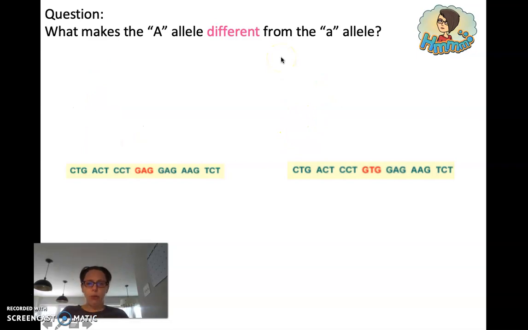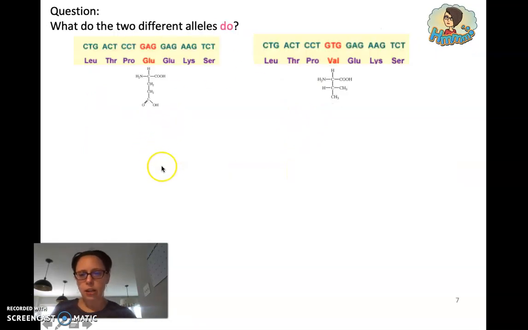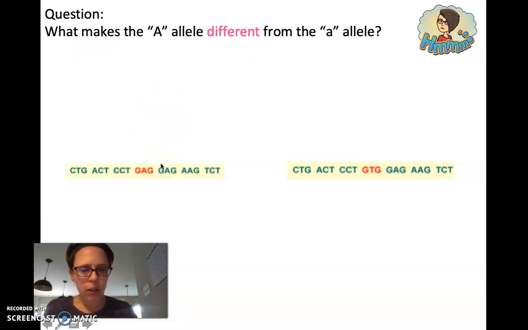And then abnormal hemoglobin. So what I want you to do is back up the truck, take your highlighter and highlight this A right here versus this T right here. And you can even do those highlighters in different colors because adenine is not the same nucleotide as thymine. Okay, so there's one nucleotide difference in the sequence.